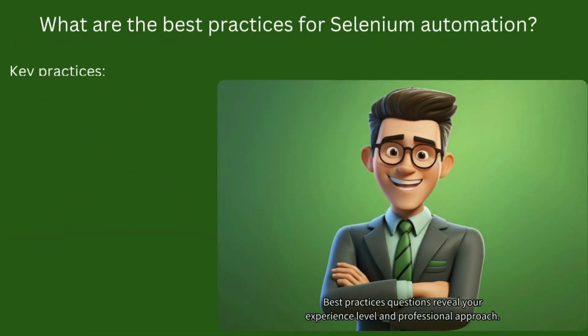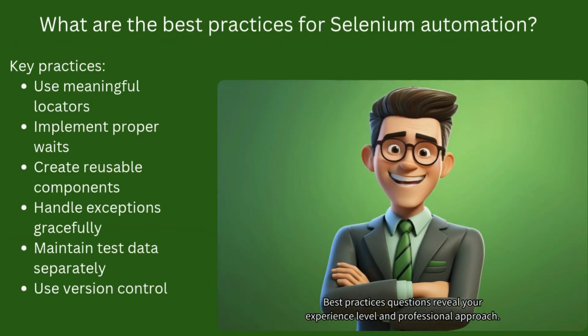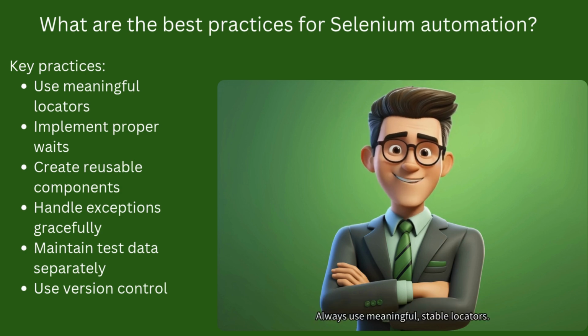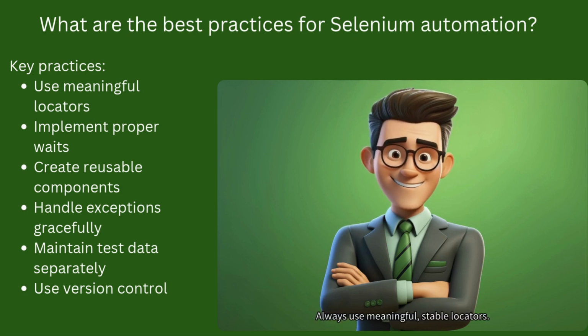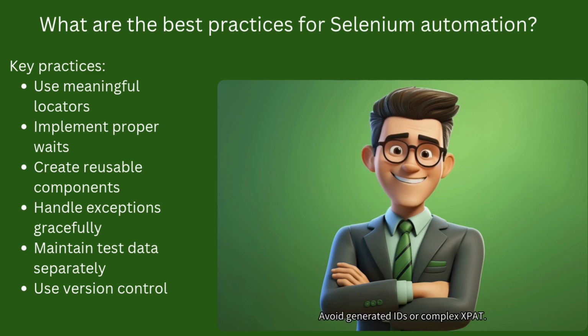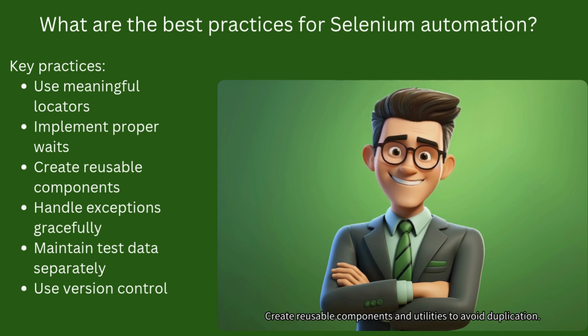Best practices questions reveal your experience level and professional approach. Always use meaningful, stable locators. Avoid generated IDs or complex XPath. Implement proper wait strategies rather than hard-coded sleeps. Create reusable components and utilities to avoid duplication.